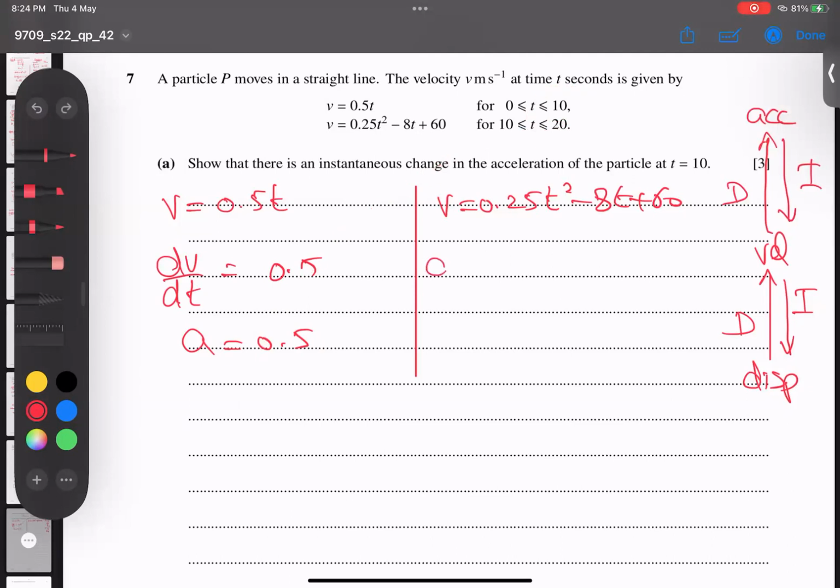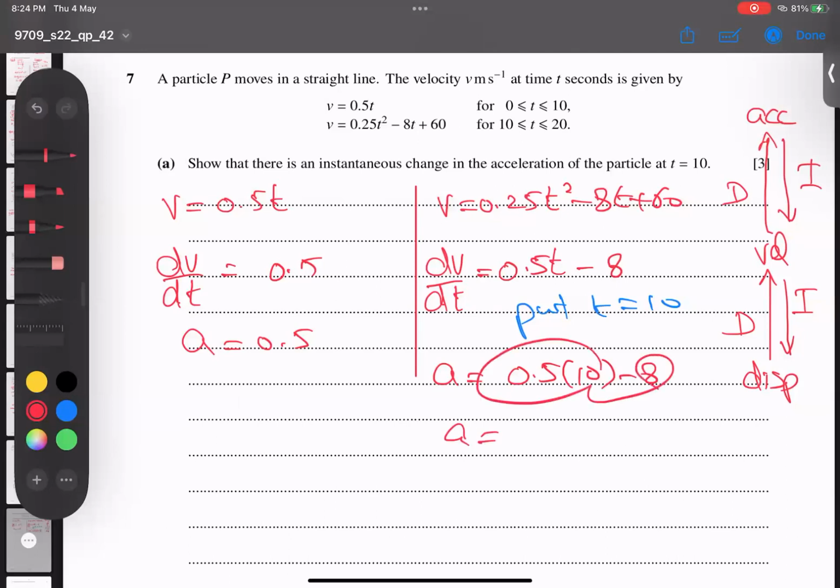And what about this dv by dt? Differentiating, the 2 comes down, it becomes 0.5t, and there's a negative 8. Now I'm going to put time 10, because he said so. When I plug in 10, 0.5 times 10 minus 8, I get 5 minus 8, so negative 3.